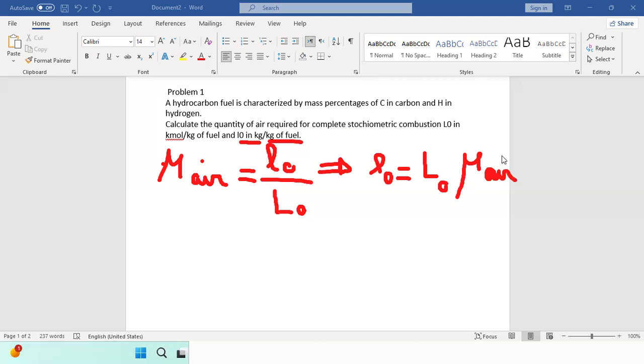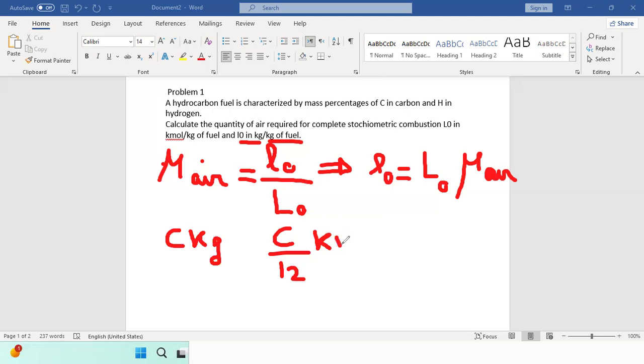Now another approach to find L0 will be to use from the beginning the analysis in kilograms. We said, for example, that if we have C kilogram of carbon, we have seen that C kilogram of carbon will require C over 12 kilomole of O2.